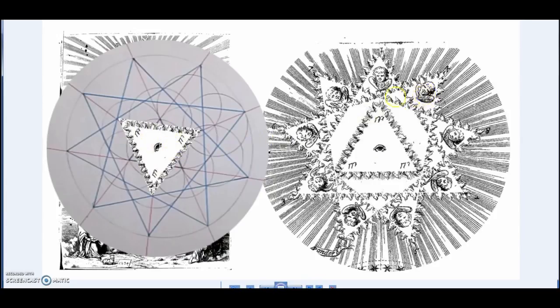So each one of these little star shapes, you can just have one of those cherubs, angels, seraphim. Not exactly sure what they are, but yeah, so the 9-pointed, and you can do this from geometry.